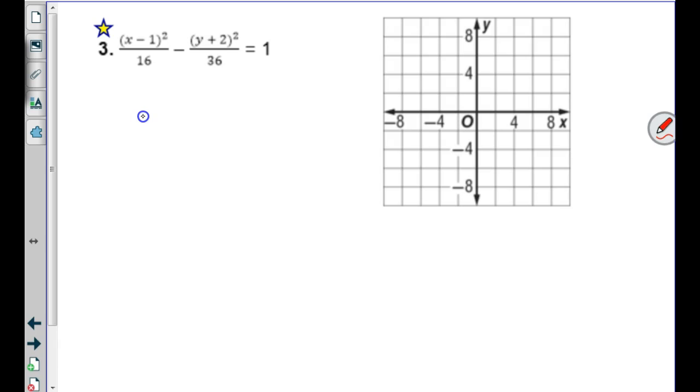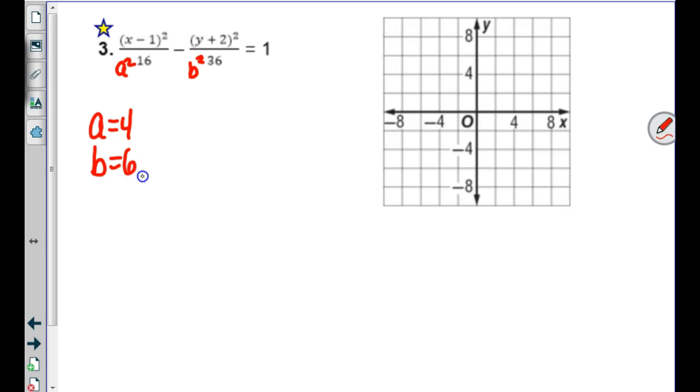What can you tell me? A is 4. Is that correct, guys? Yep. A squared is under the positive, B squared is under the minus term. So B is 6.